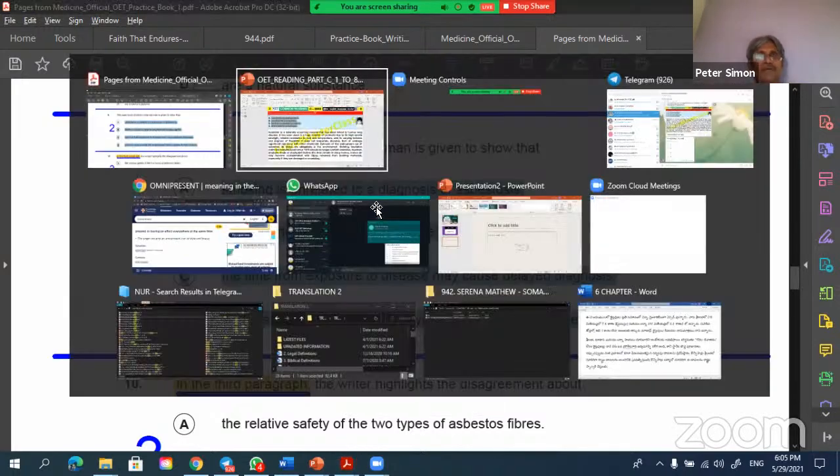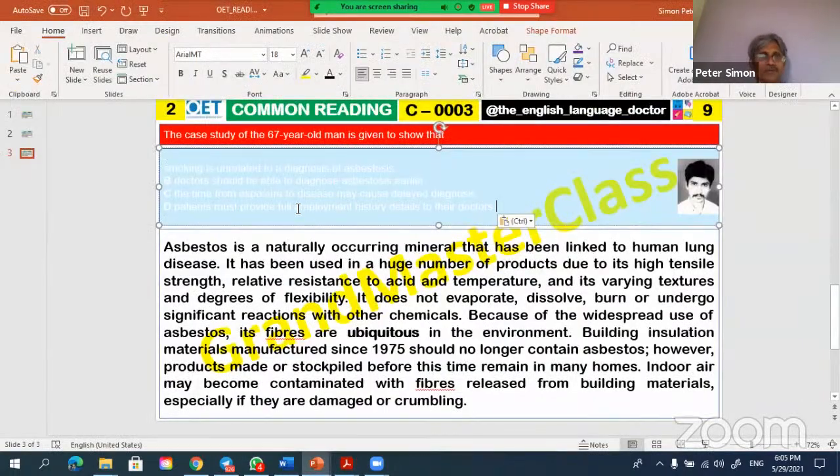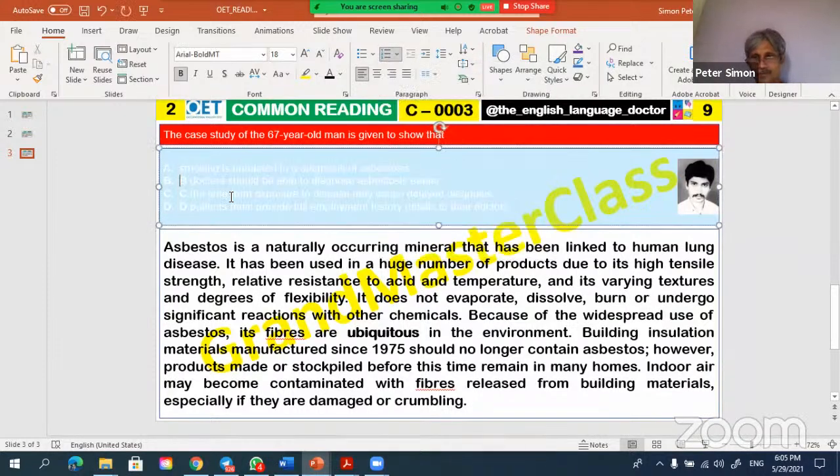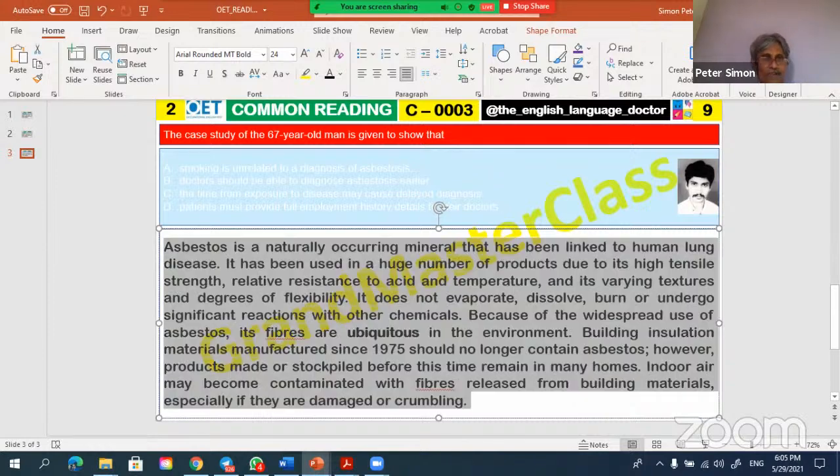This is in second paragraph. Right. Then paragraph.